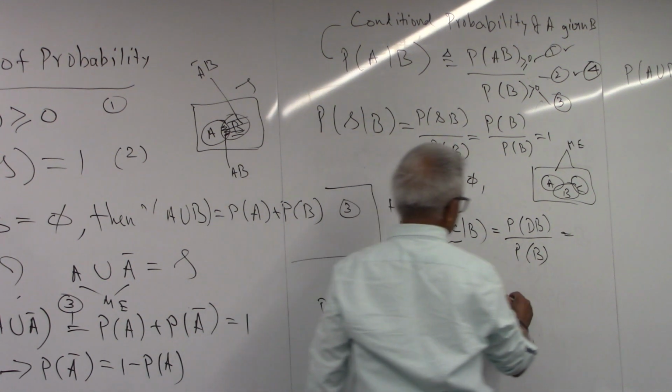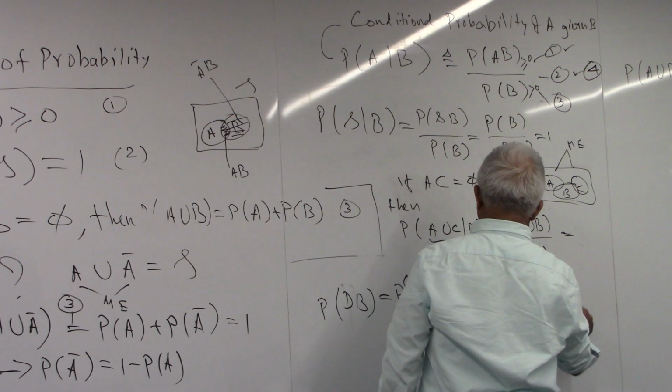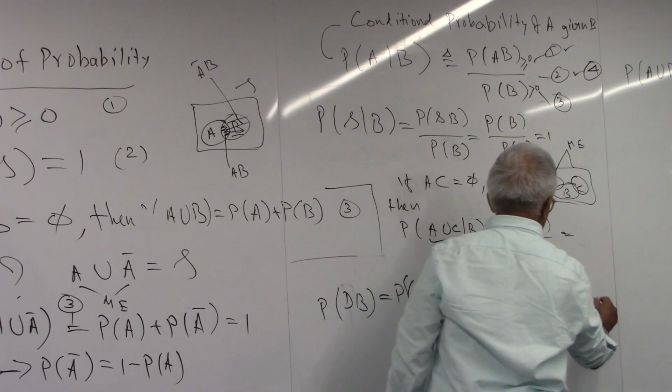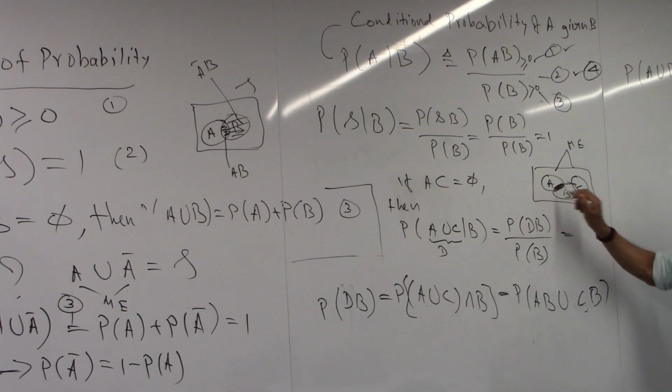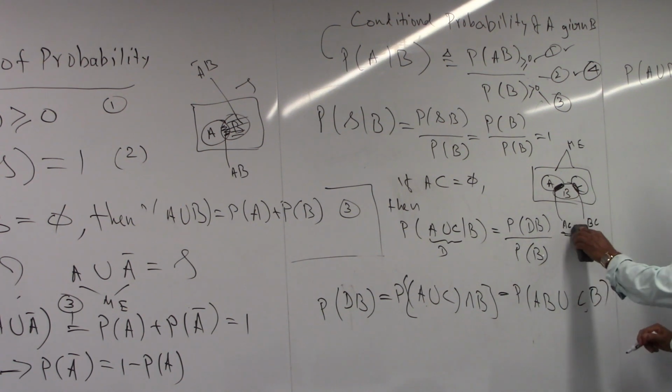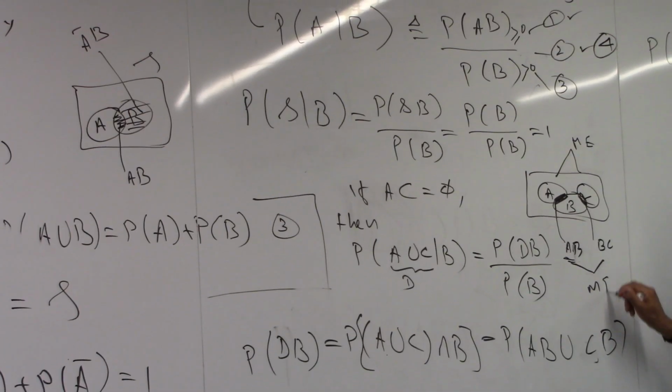If you expand, you get P(AB union CB). And remember, look at the diagram. A and C are mutually exclusive, so AB, which is here, and CB are mutually exclusive.